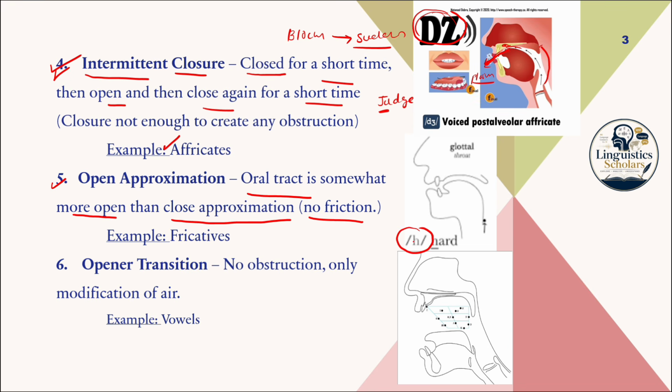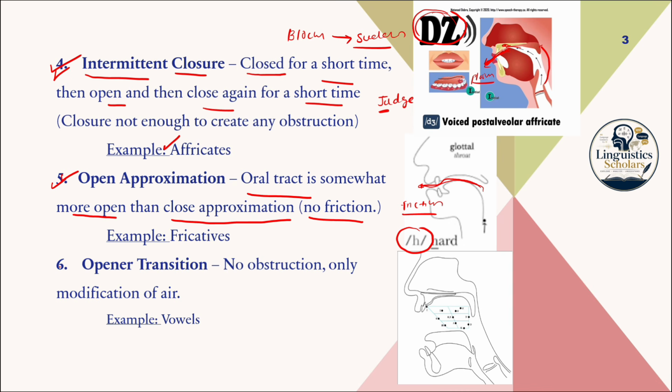Here it is showing the production of the R sound. There is a free gap so that air can easily escape without friction. Such a constriction, actually a lack of constriction, in the production of consonants is called open approximation.